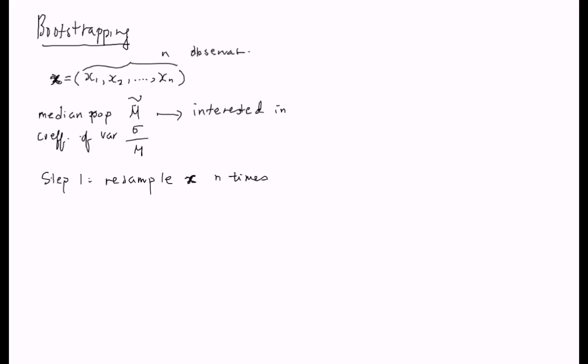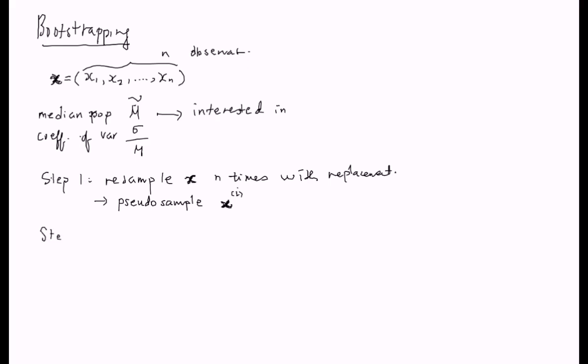So we resample x n times with replacement, right? So when you sample with replacement, you will create a pseudo sample, which we will denote as x1, or in general, you may just denote it with i, right?